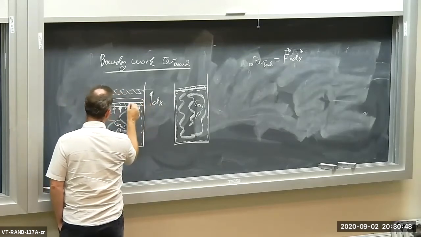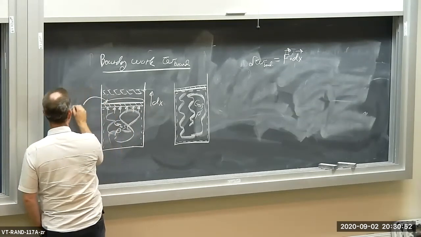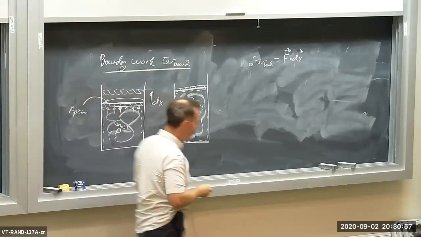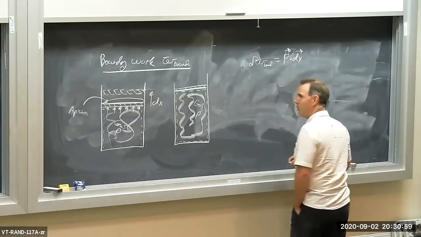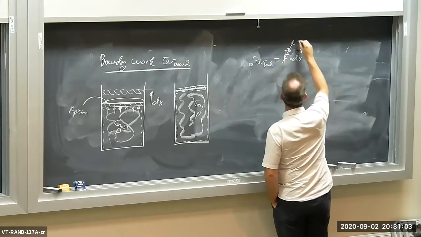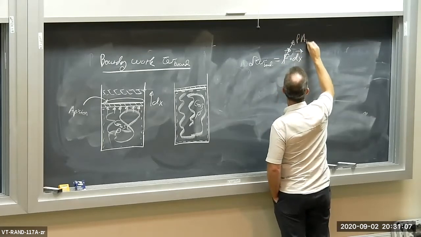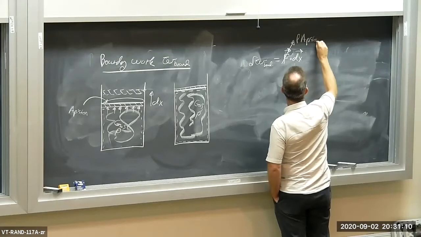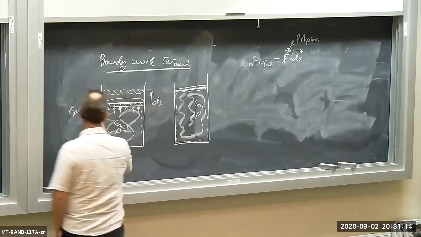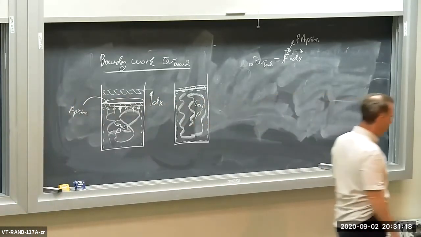So the force is equal to a pressure, which is a force per unit area, times the area of the piston. The force is the pressure of the gas times the area of the piston. That's the force on the piston due to the gas.